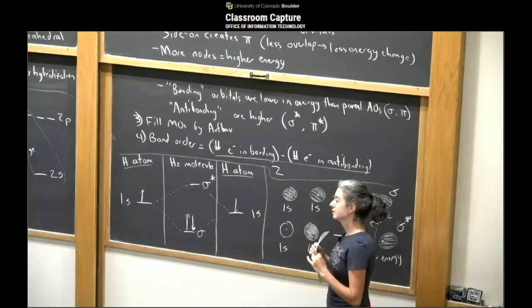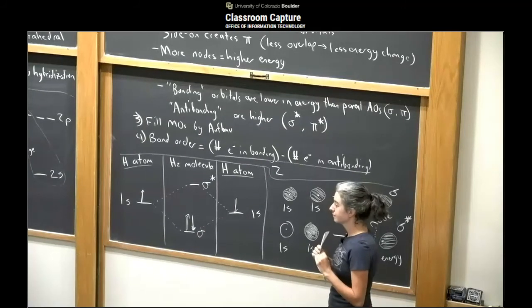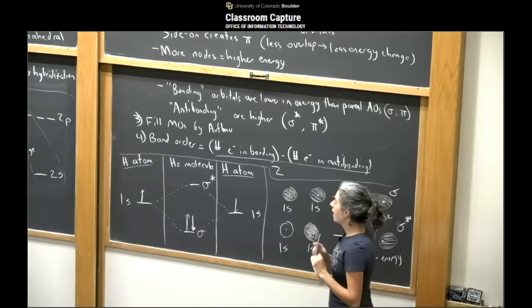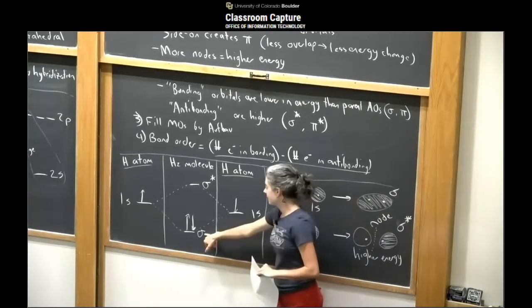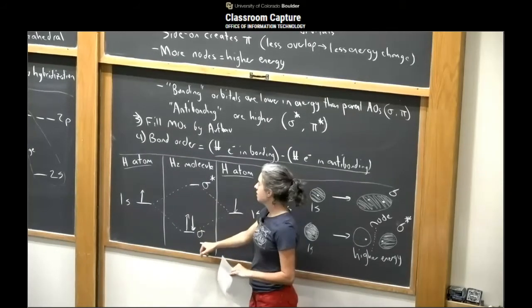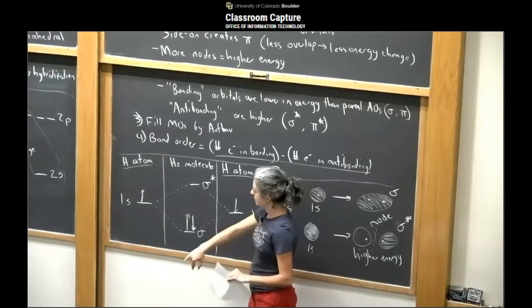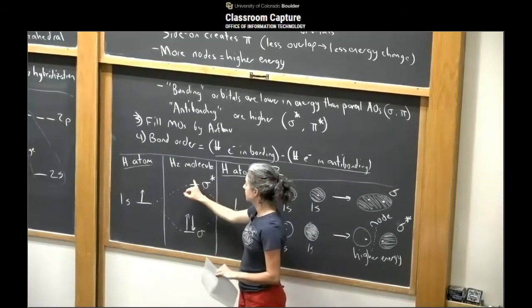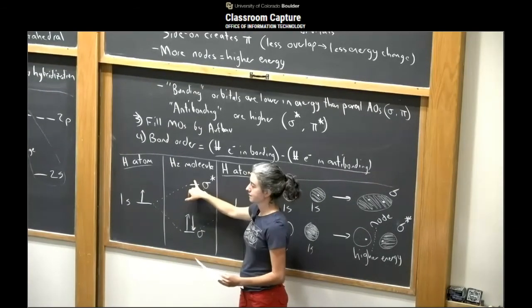Is the sigma star just for us to know that we chose the lower energy? Excellent question. It turns out that when we start doing reactions with molecules, a lot of the time when we're breaking a covalent bond, it's because more electrons are coming in, and the only place for them to go in the molecule is into the sigma star.